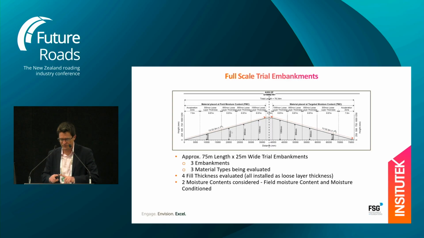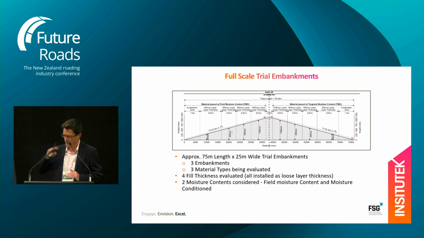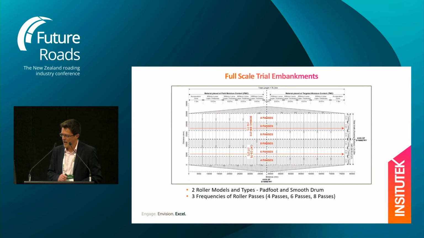Not density, but stiffness. But they wanted to compare that with the traditional density assessment processes, and that was done during this process. They took different thicknesses of material, different materials were also evaluated, and also field moisture, and also moisture-conditioned materials, and also different numbers of passes.